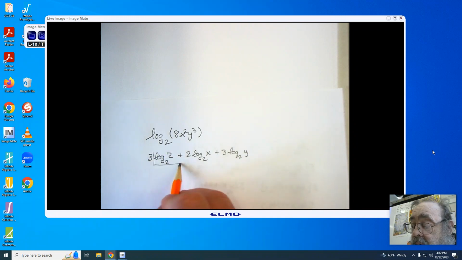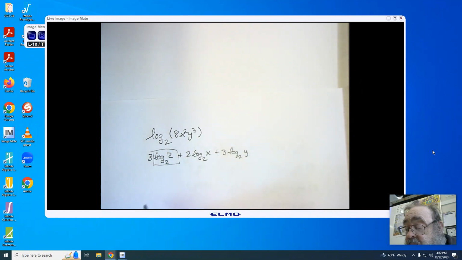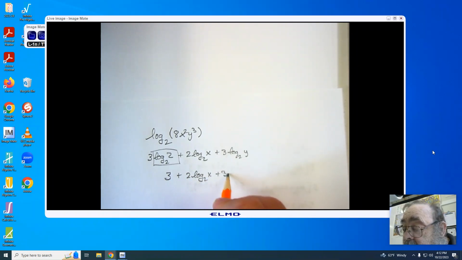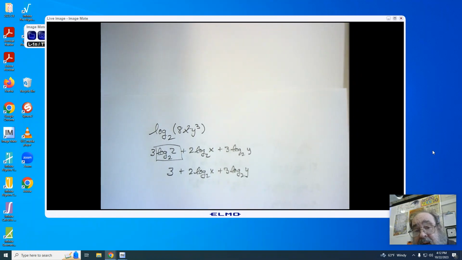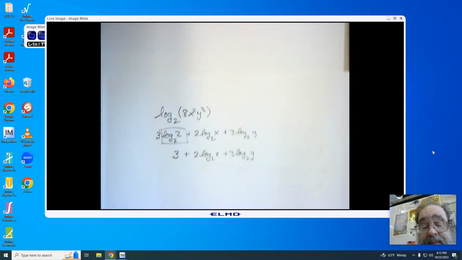But we have a rule that says log base 2 of 2 is 1, and it would give us 3 plus 2 log base 2 of x plus 3 log base 2 of y. So just be aware, we could make this more difficult by starting to use values as opposed to variables.